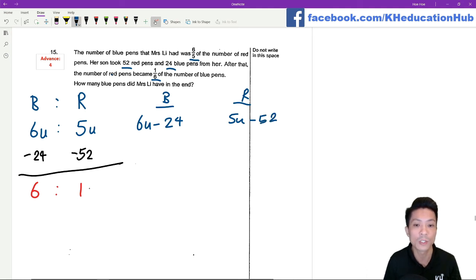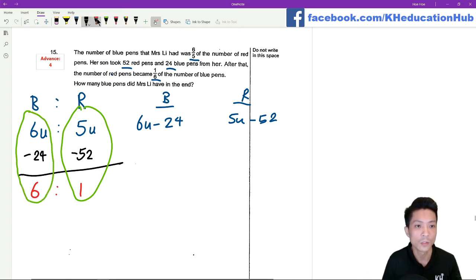They will be in the ratio of 6:1, which means this is 6 parts and this is 1 part, here and here. To make them the same, I'm going to multiply this by 6 to make them equal.